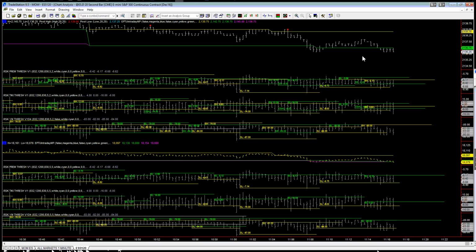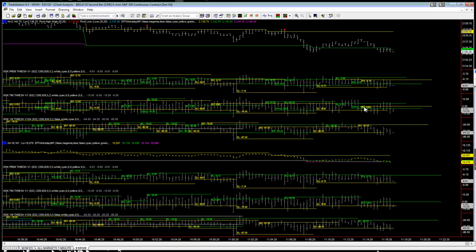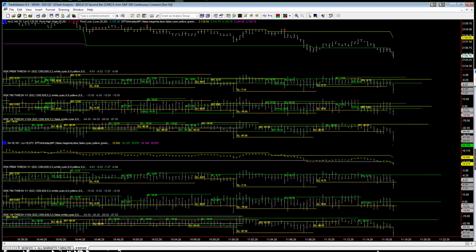And it's not just on the ES. You can see it on the ticky. You can see it on the, we're moving over, on the ticky as well as on, well, to some extent at least, on the YM here.